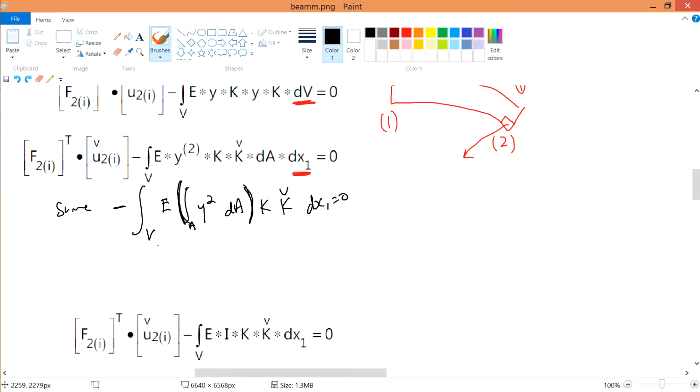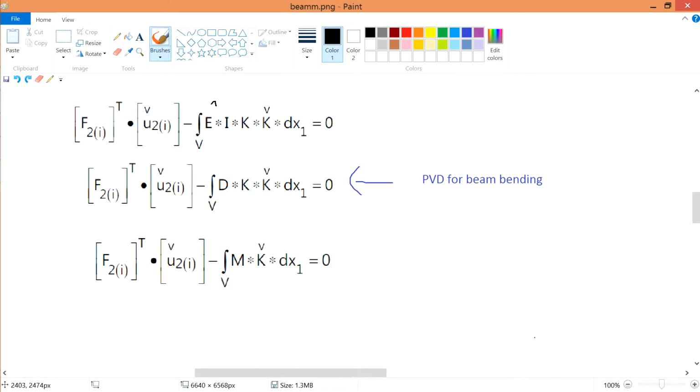Okay, so now I'll just take EI. I'll say EI is equal to D, some arbitrary notation to say that EI is equal to D. And therefore I have D over here. So this thing over here I just write as D. Okay, that's all. And then there is dk.